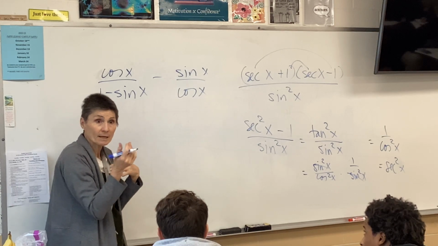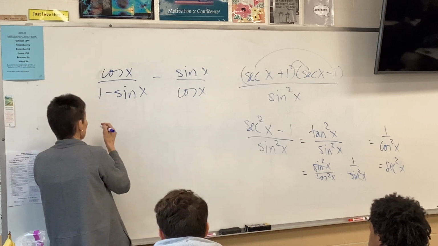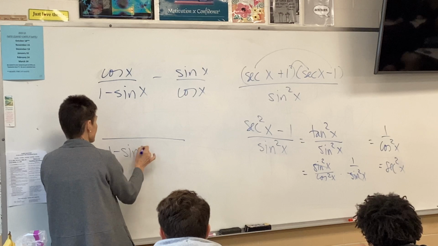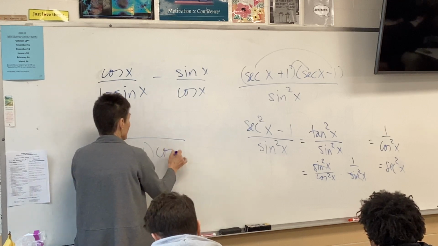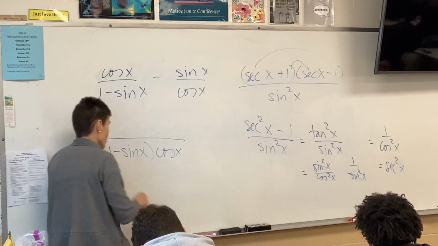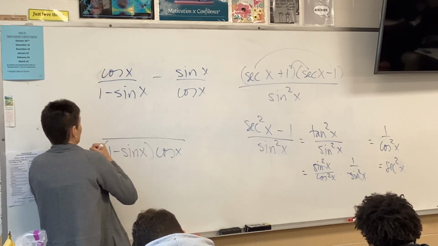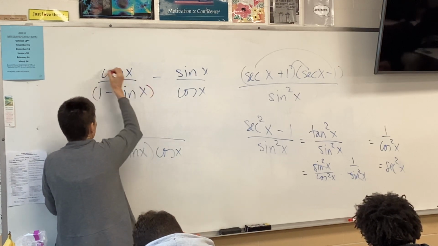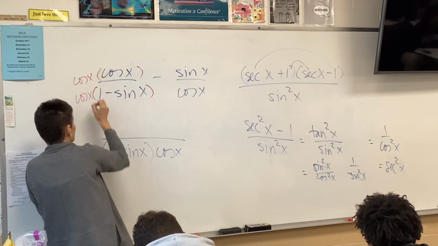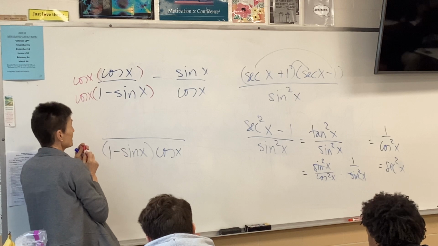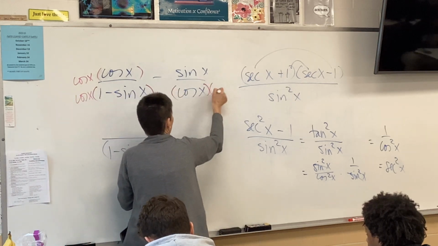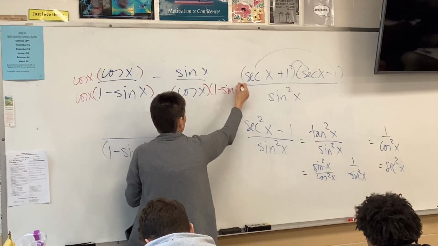And won't the common denominator be these two things, 1 minus sine and cosine? So this one needs to be timesed by a cosine. I'm getting a common denominator. And this one needs to be timesed by a 1 minus sine.